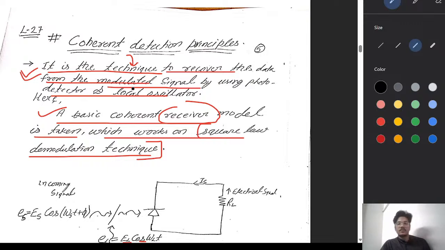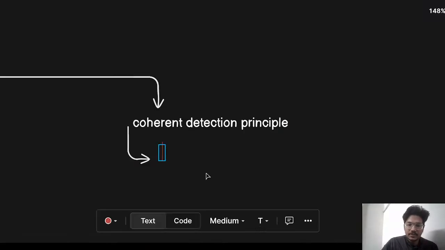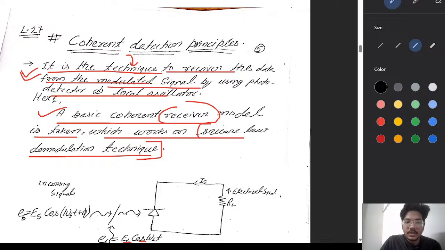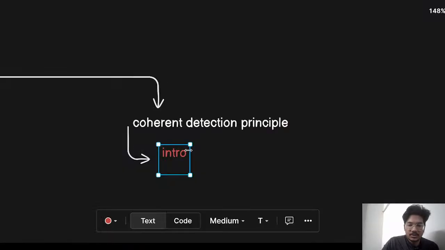The detector receives the data from the modulated signal by using a photo detector and the local oscillator. So what is the principle? It is a technique to receive the data from the modulator signal.